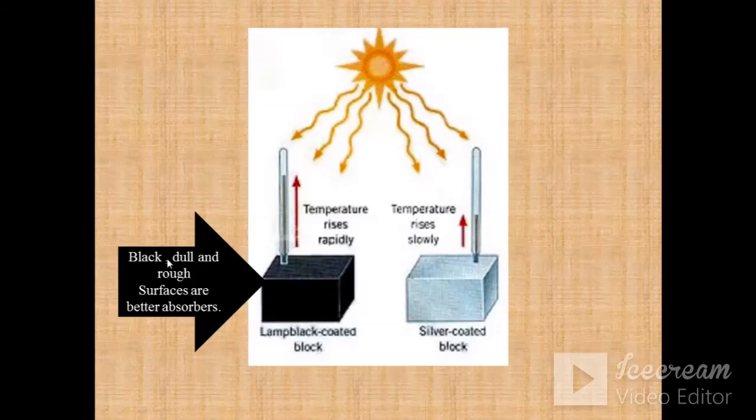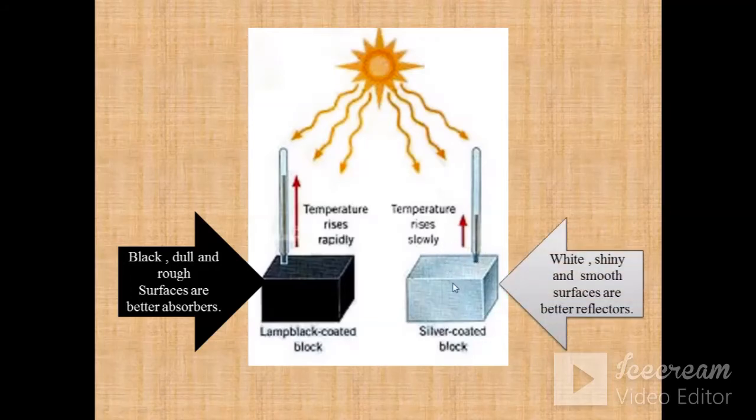So we can say that black, dull and rough surfaces are better absorbers, whereas one more block is there which is silver coated. In this, although temperature is rising, it is rising slowly. So we can say that white, shiny and smooth surfaces are better reflectors.